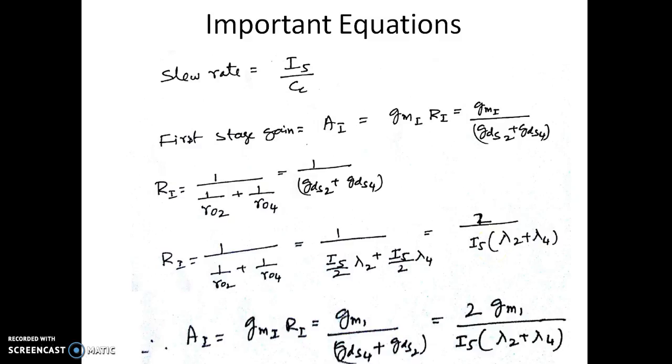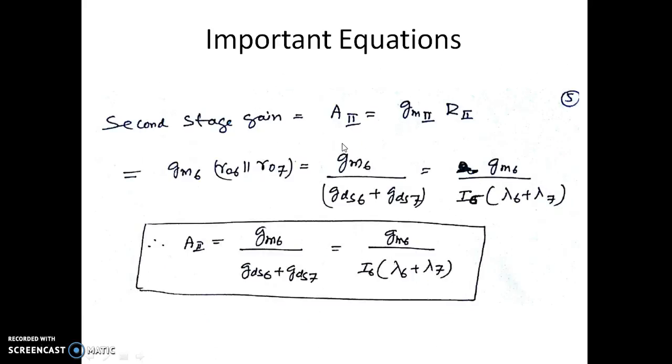So ultimately we can write the expression for the gain of the first stage of the CMOS amplifier, that is A1, as 2 times GM1 divided by I5 into lambda 2 plus lambda 4. This is the ultimate expression we get for the first stage.